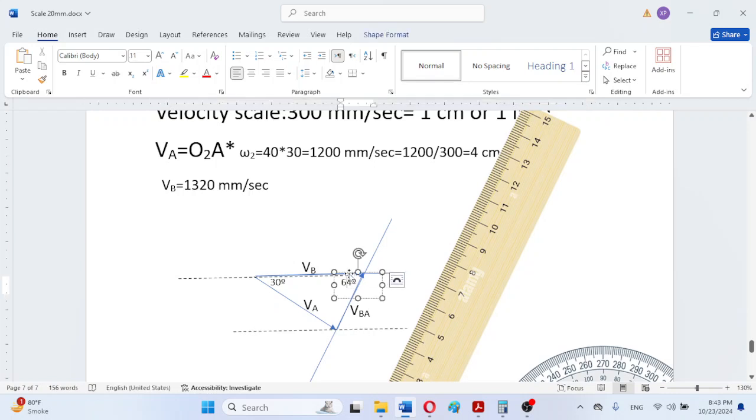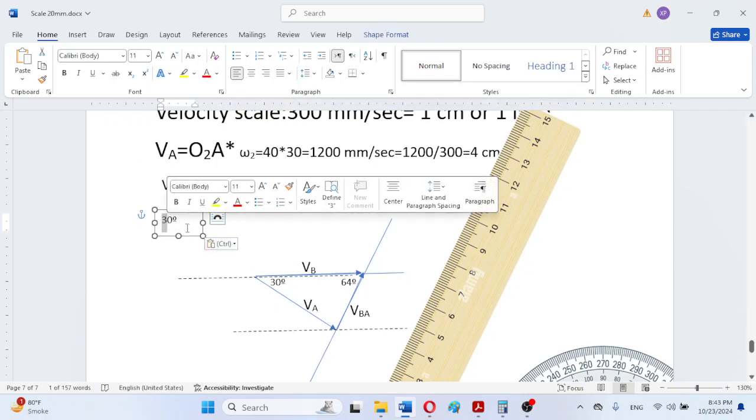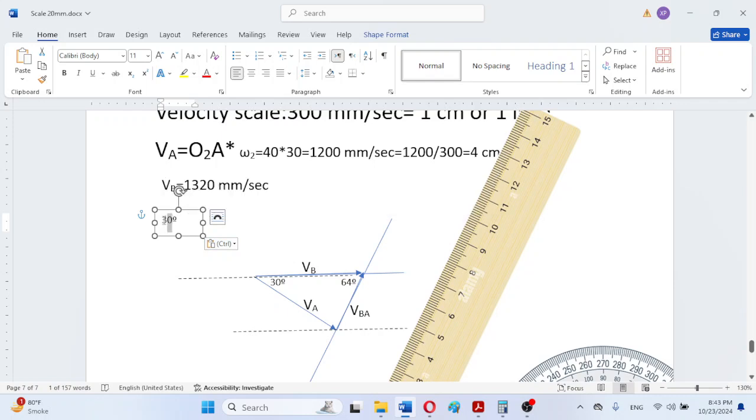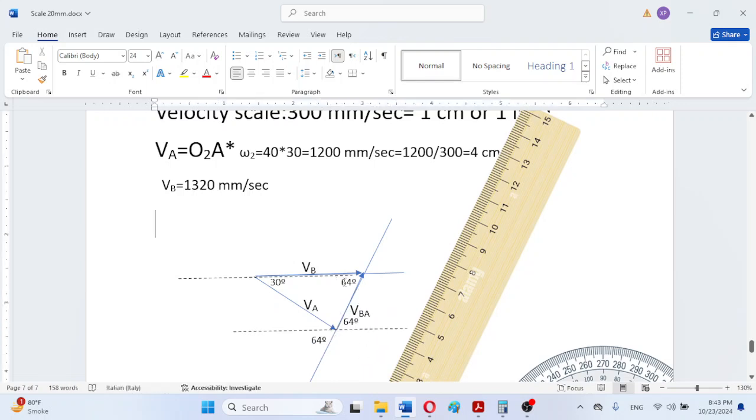So these are all 64. I can mention it here just for clarity. This was also 64 here. So these are alternate angles.